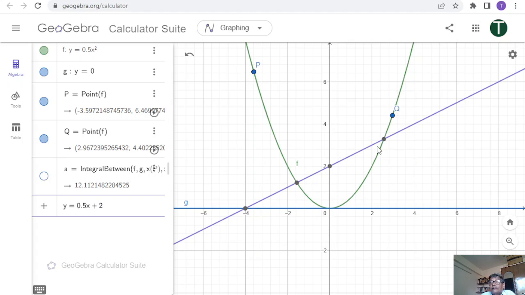And you see this curve is created, isn't it? This curve is created, and if you return, you have points of intersection here.